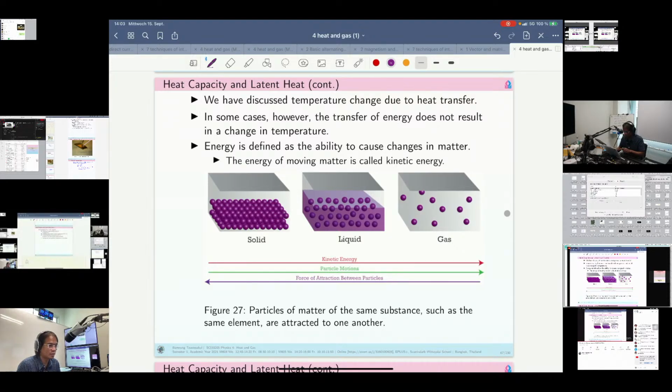You will know the term phases later. Energy is defined as the ability to cause change in matter. The energy of moving matter is called kinetic energy, right? It's the basic energy for everything inside any material. This is the solid, right? The arrangement of molecules of any particle in a solid is quite tidy.